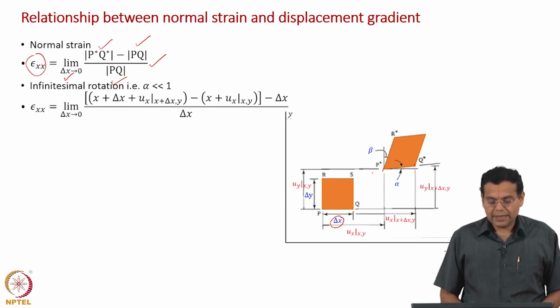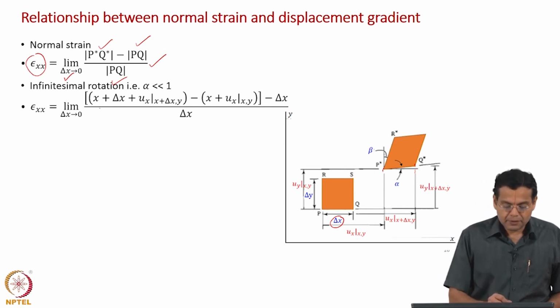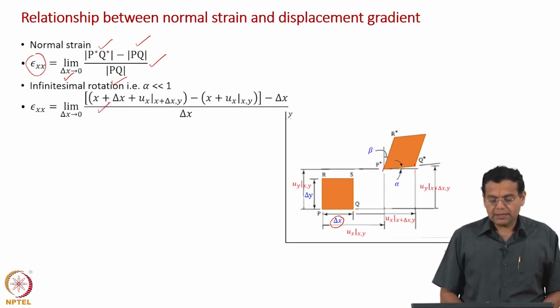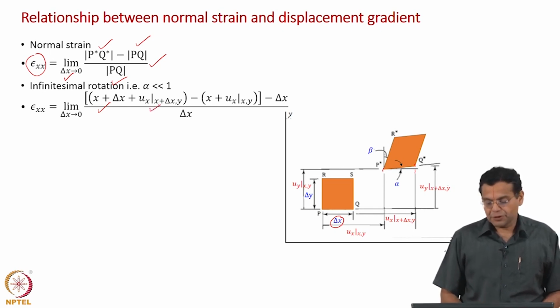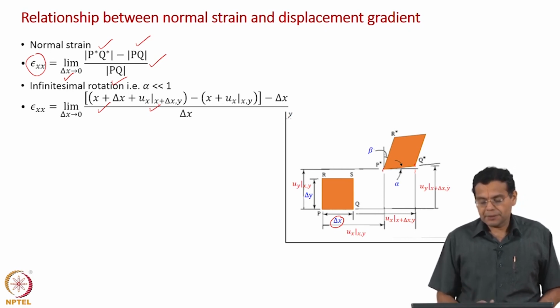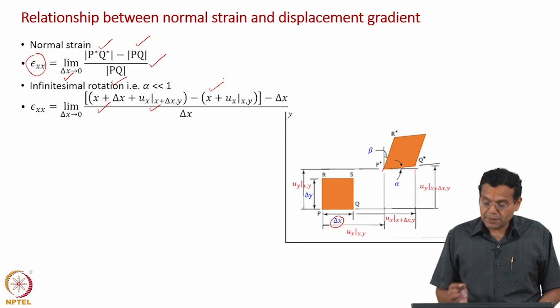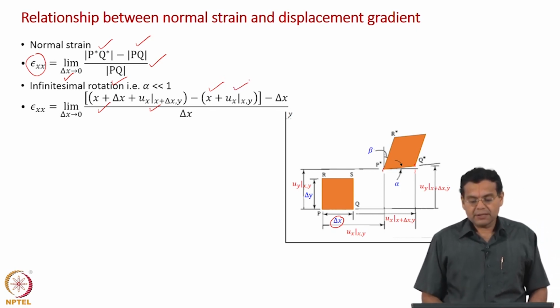For Q star the x coordinate is the old x coordinate which is x plus delta x plus the displacement of Q which is ux evaluated at x plus delta x comma y. Coming to P star, the x coordinate of P star is the old x coordinate which is x plus the displacement of P which is ux evaluated at x comma y.